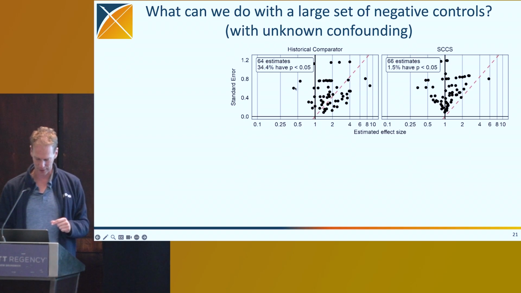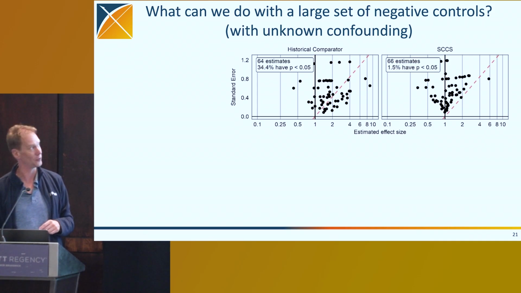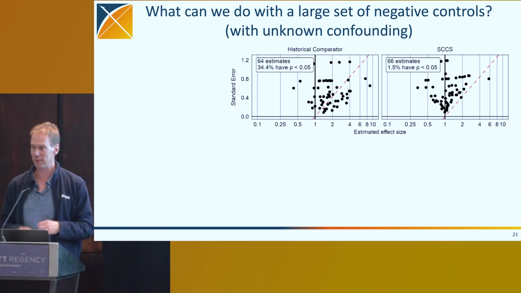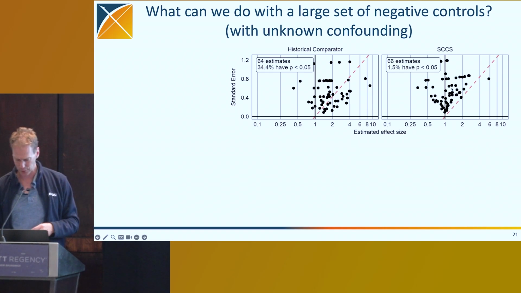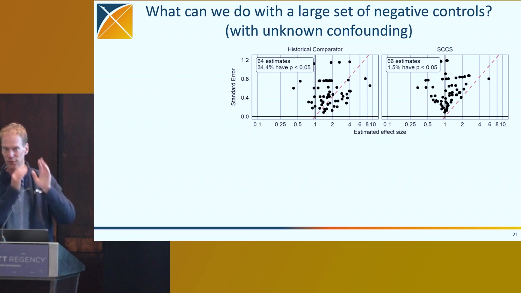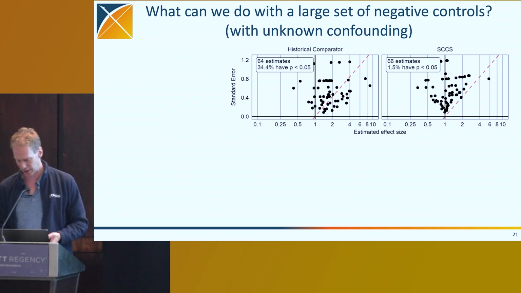I'm showing you one method on the left that has all of these negative controls shifted to the right. So for 34%, we are rejecting the null, even though the null is true. That is the definition of a negative control. And for the method on the right, we see that, just as Tara also explained, they're all nicely within this funnel, so only 1.5% is declared to be statistically significant.